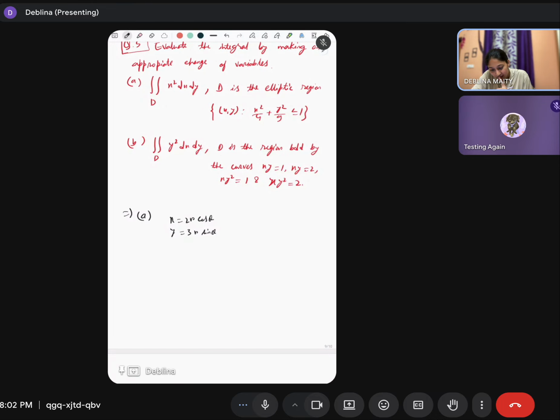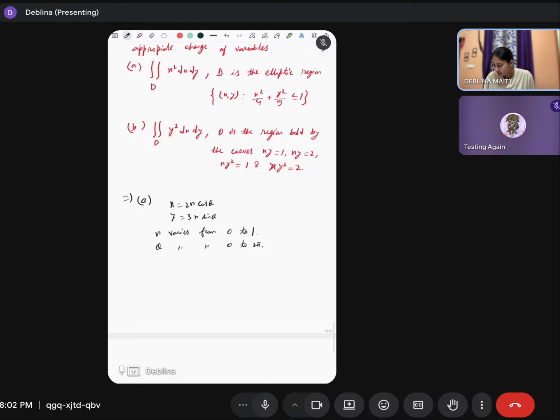Since this is the whole elliptic region, the limit of r is 0 to 1, right? And theta is 0 to 2 pi, since this is the whole elliptic region. Now what is the Jacobian? Since we have changed the variable, we have to find the Jacobian.